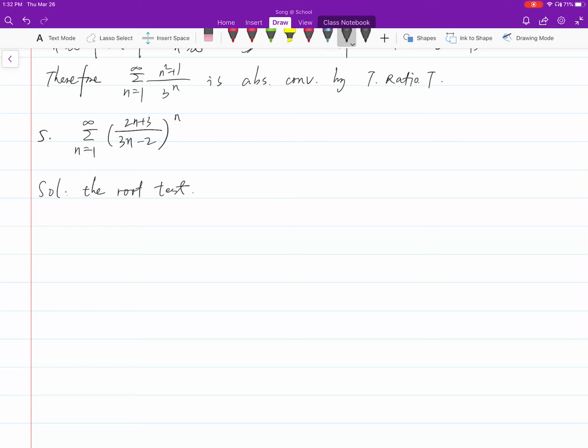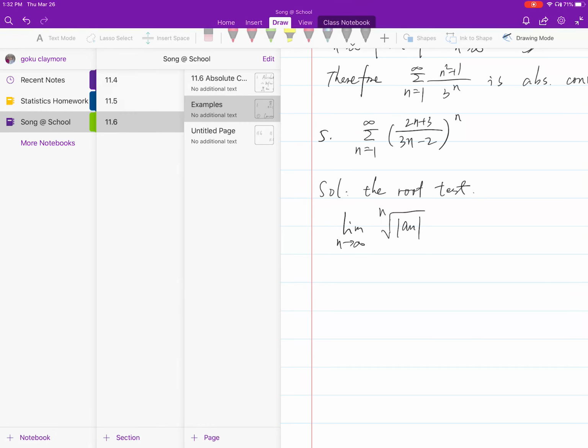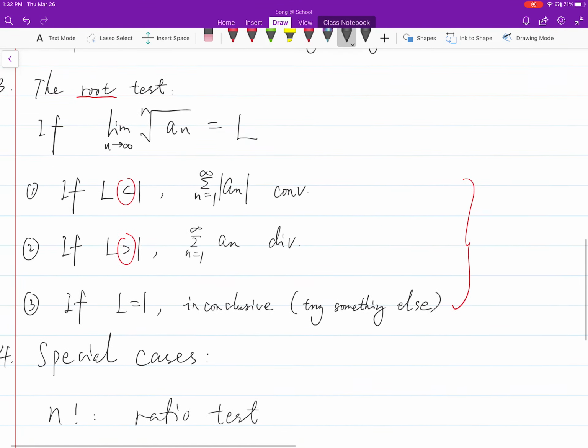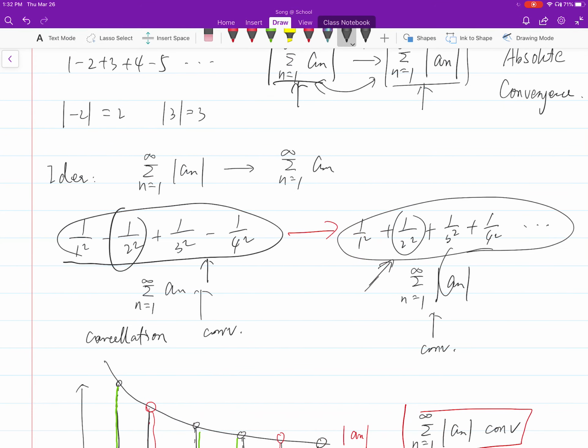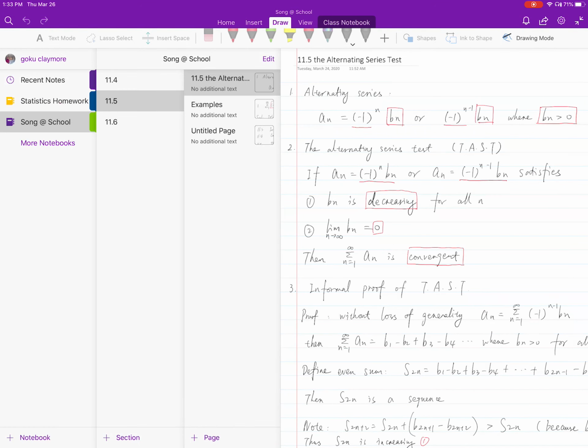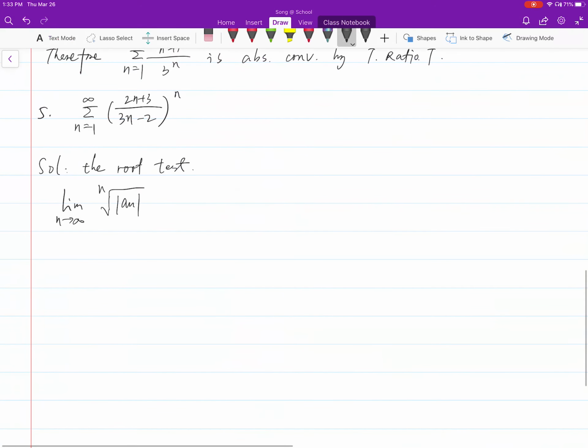Okay, so what we want to do is the limit as n goes to infinity of the absolute value of a_n. Oh, in my notes, did I put absolute value? I should have put absolute value. Okay. The reason we want to do root is when you take the nth root with an nth power, these just cancel each other, like the square root of a square.